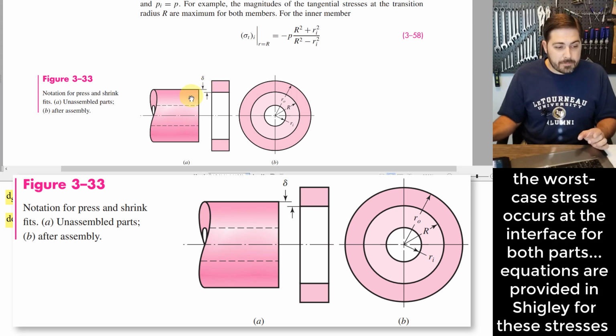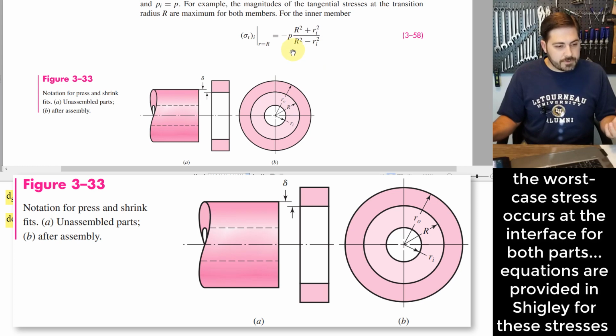So for the inner member, the worst case happens right at the point where it's contacting the hub, right? The shaft where it contacts the hub, the worst case is going to happen right there at the point of contact. And then for the hub as well, the worst case is going to happen on that inner face, right where the two parts contact each other.